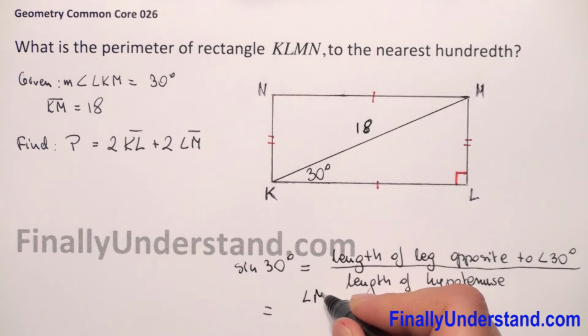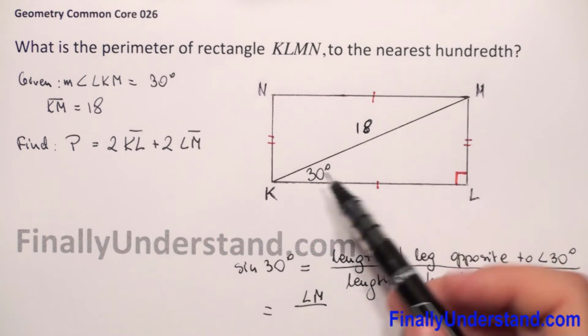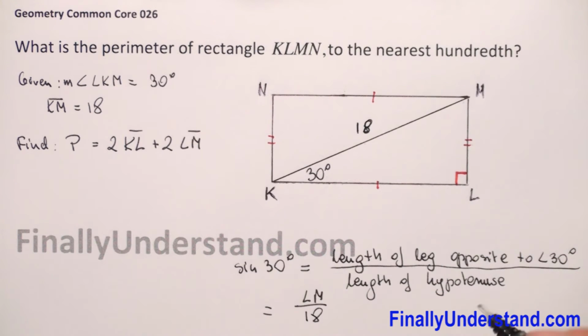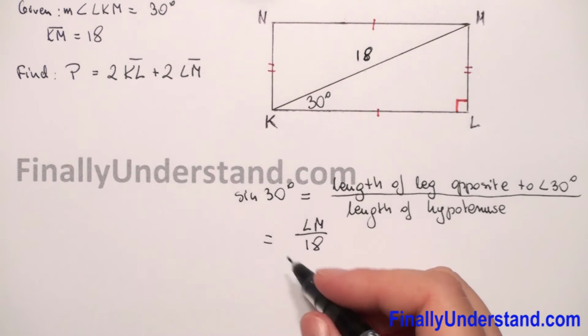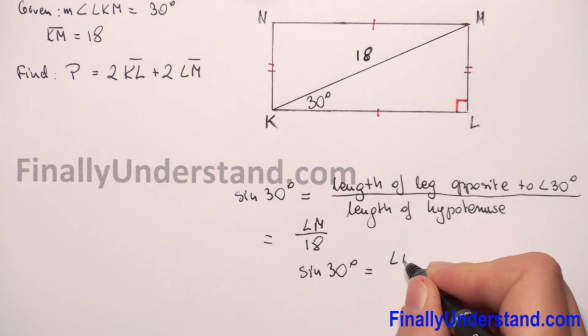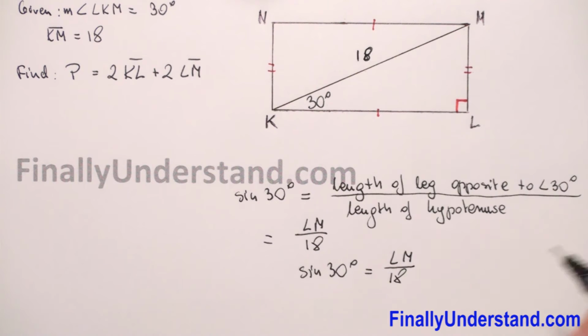So we have LM over the length of the hypotenuse, which is 18. So we can write that sine of 30 degrees is LM over 18.